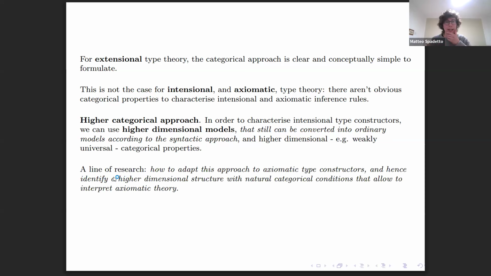So one of my lines of research is how to adapt this approach to axiomatic type constructors, and hence identify a higher dimensional structure with natural categorical conditions that allows to interpret axiomatic type formers.